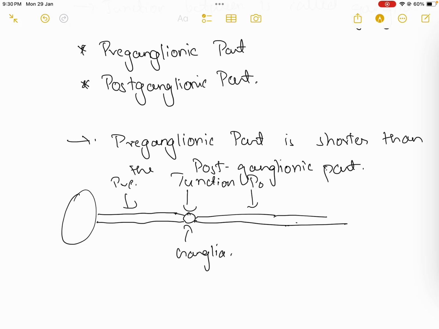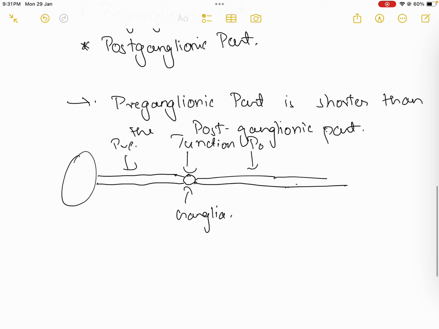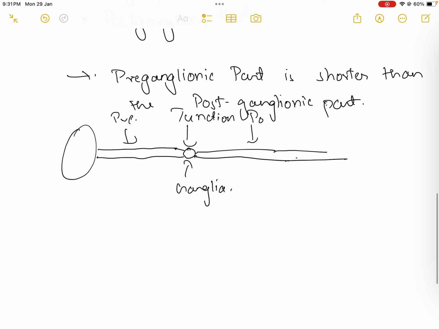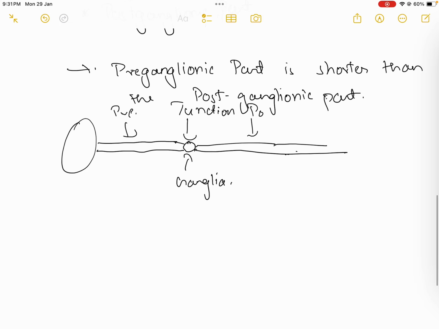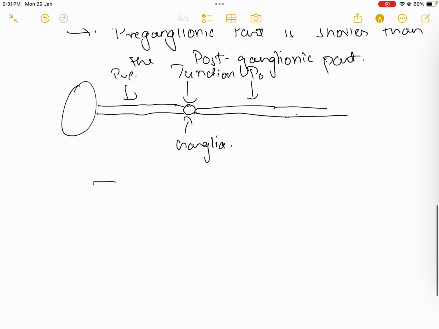Now getting into the pharmacological part. If you talk about this system in a pharmacological aspect, we call the parasympathetic system the cholinergic system. What is the reason behind that?